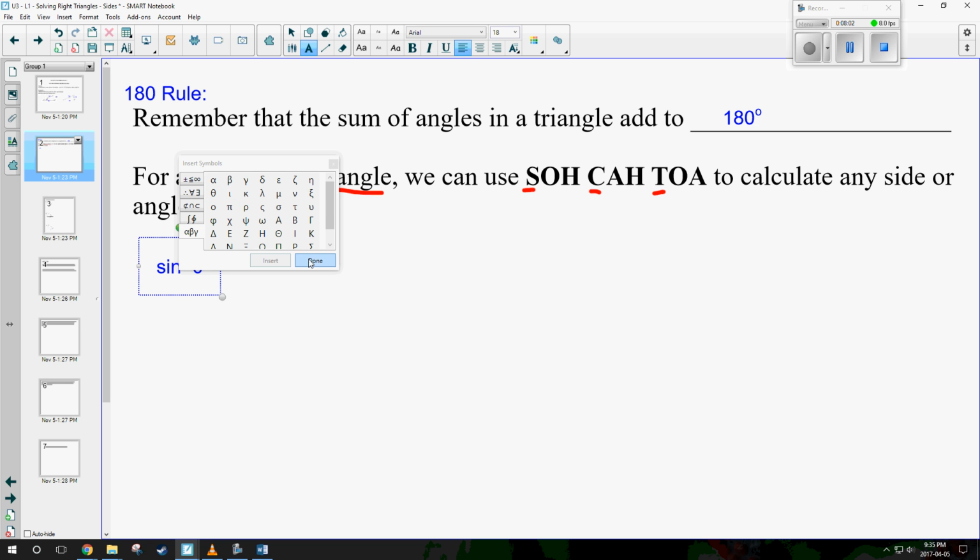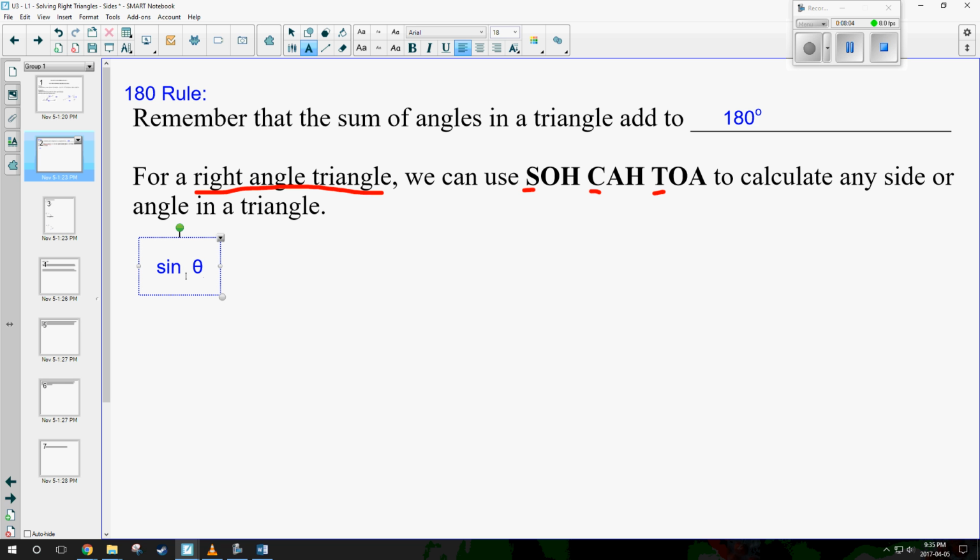And remember, the symbol for our angle is this O shape with a line in the middle, and that's called a theta. And that's what we use to symbolize our angles. So that's the S, sine theta.